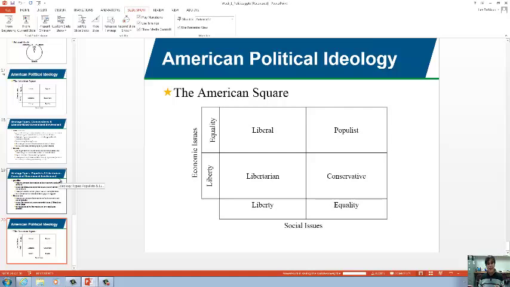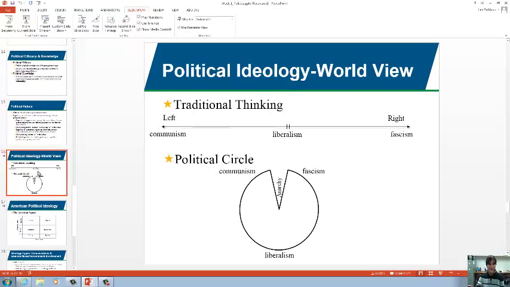I just care that you have one and that you're able to express and articulate that. Just don't be on the far extreme ends here with Stalin and Hitler. I don't want you to go to that extreme, but please do have an opinion. Please express your opinion in the discussion boards, and hopefully we can all be civil and have a very productive discussion of politics and ideology in general.